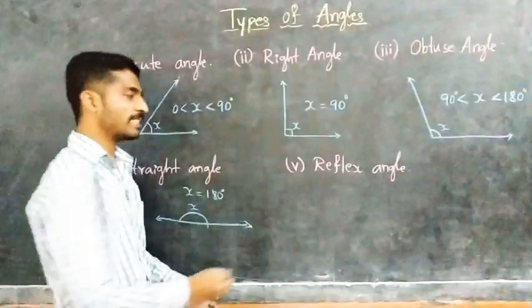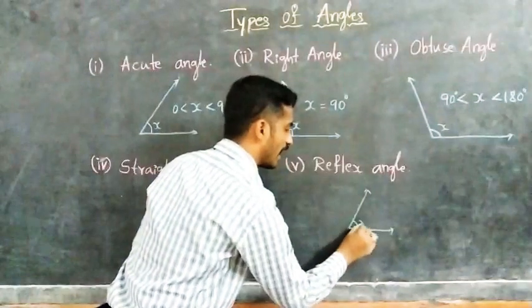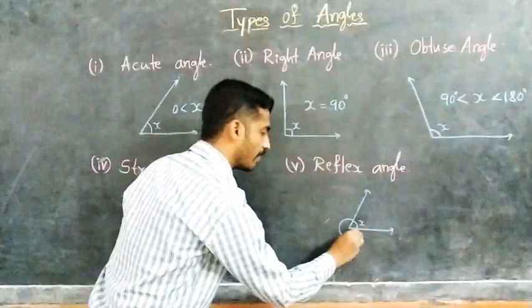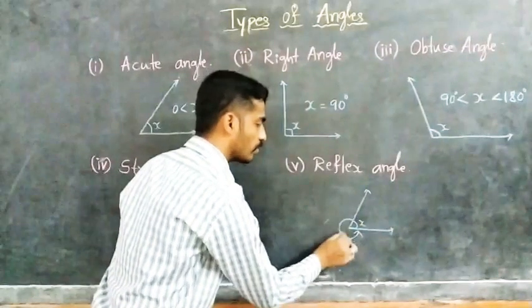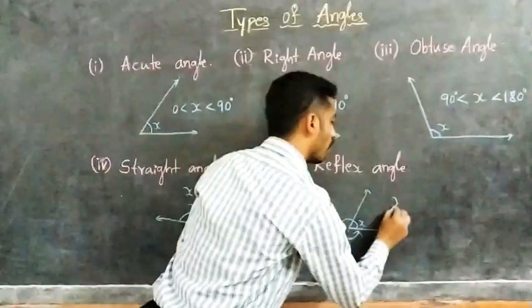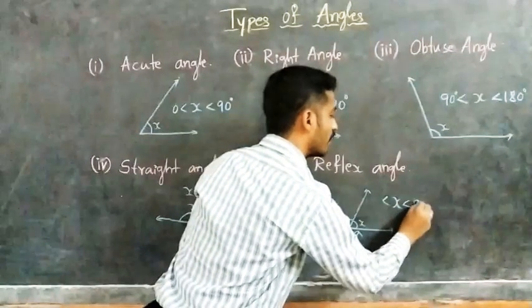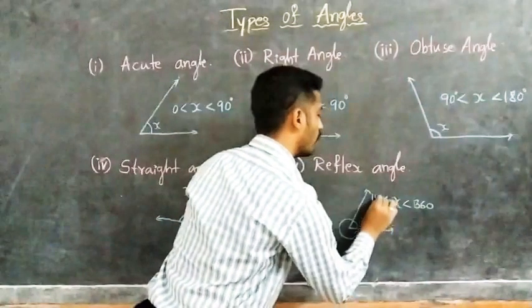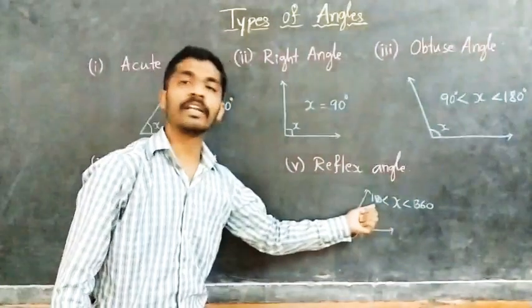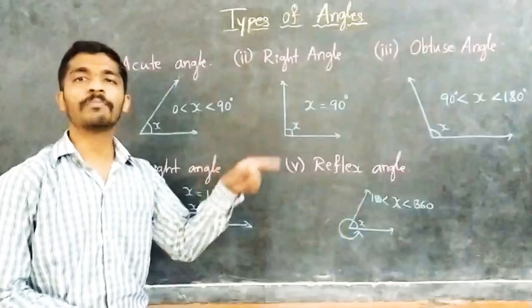Next one is the reflex angle. If I take any angle as x, then the opposite of that, the outermost angle, is the reflex angle, which is smaller than 360 and greater than 180 degrees. And the sixth type is the complete angle.